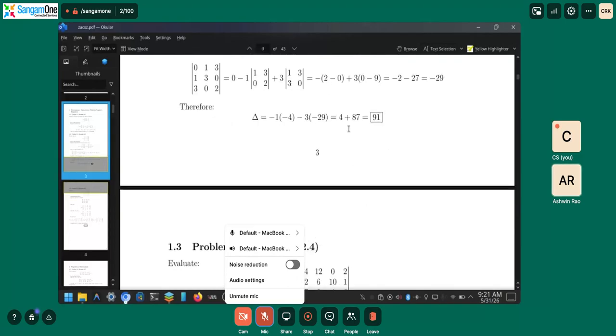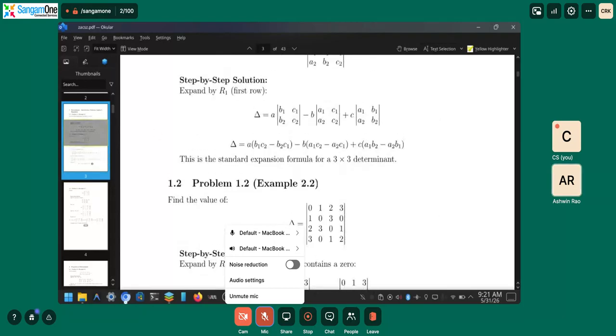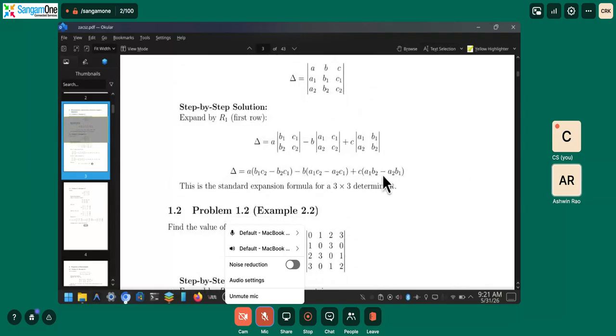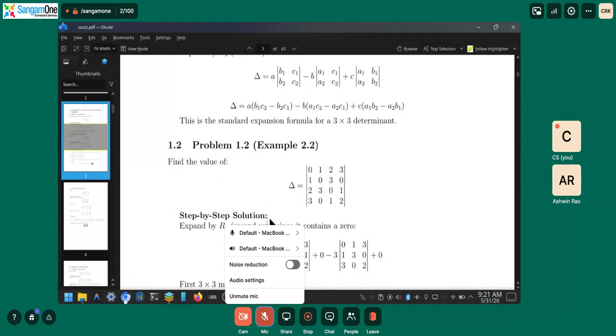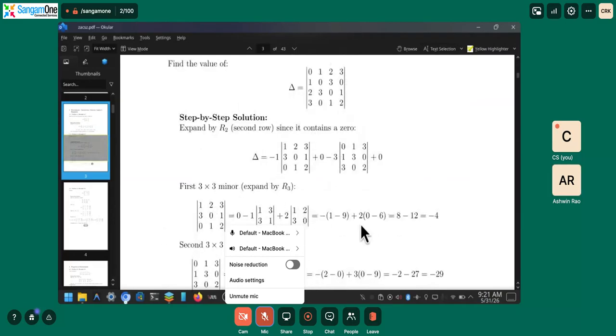Corresponds to 91. Basically nothing, it's just expansion of this problem. Yeah, you have to remember this formula and apply that to expansion and all. As I mentioned here, this rule you have to expand here also. Okay.